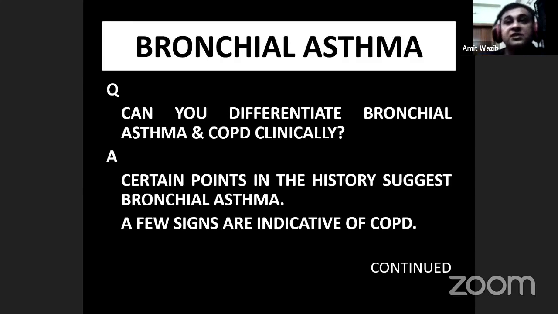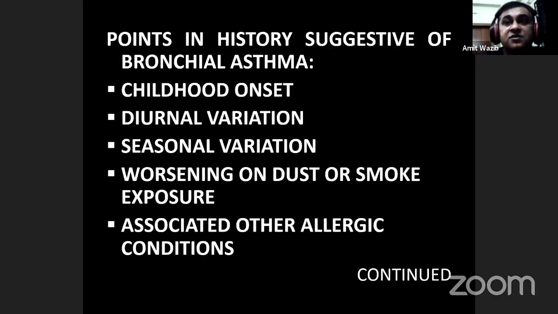In bronchial asthma, there are 5 clinical points in the history that are suggestive of it. One is childhood onset of symptoms. Second, diurnal variation: the asthma symptoms are usually worse at night. Third, seasonal variation: it will vary, but in most cases the asthma symptoms are worse during the winter season.